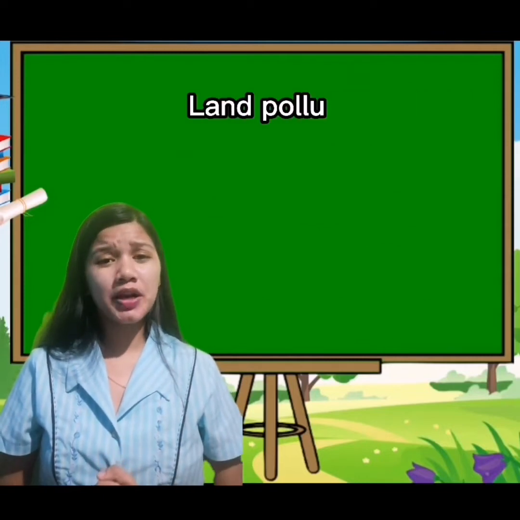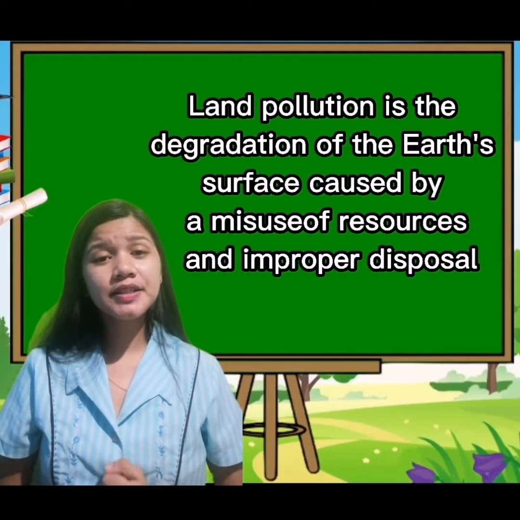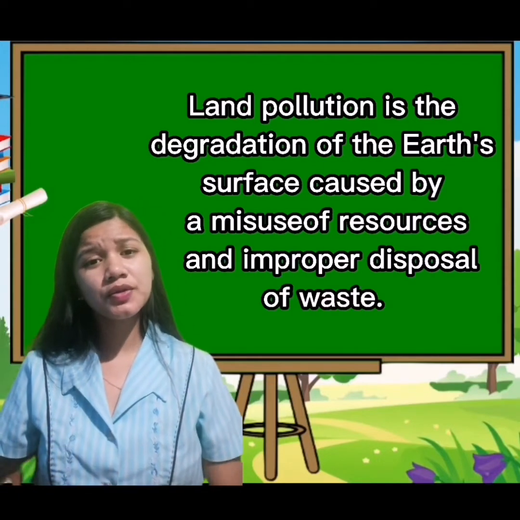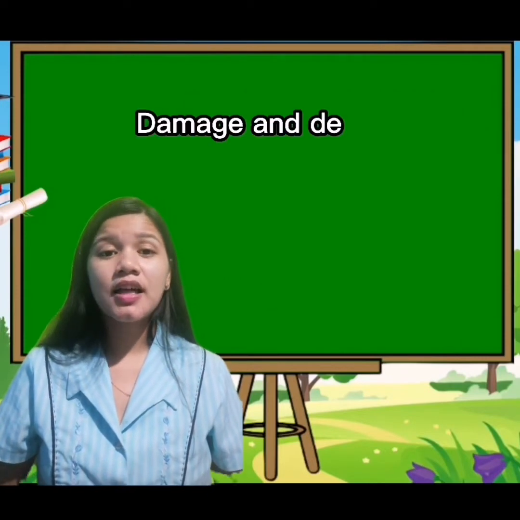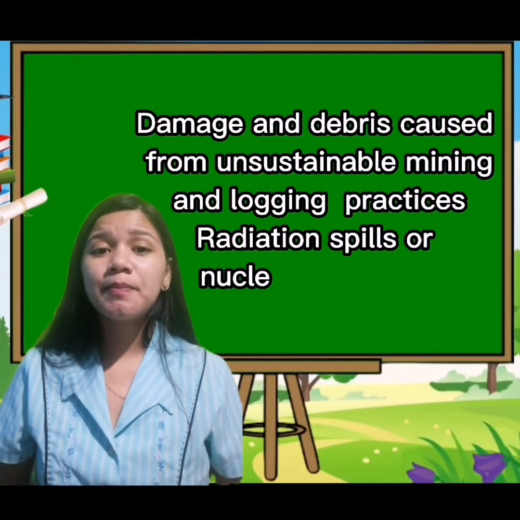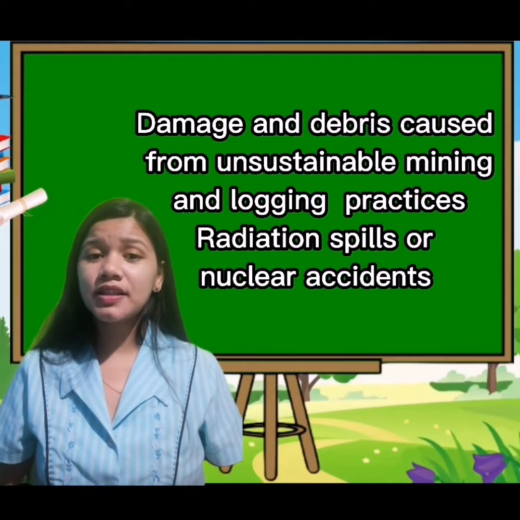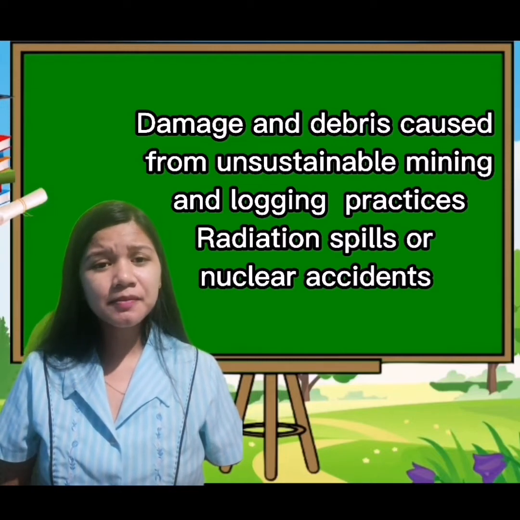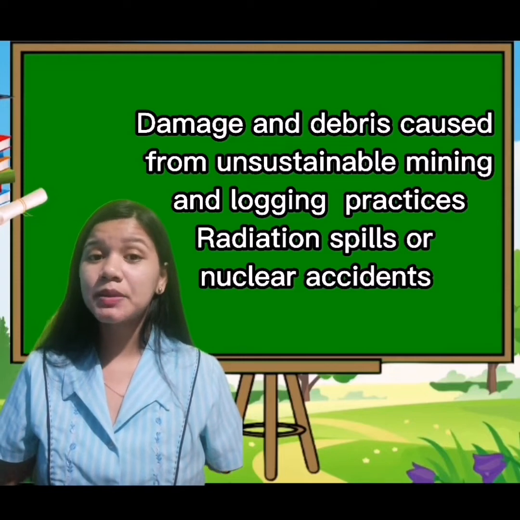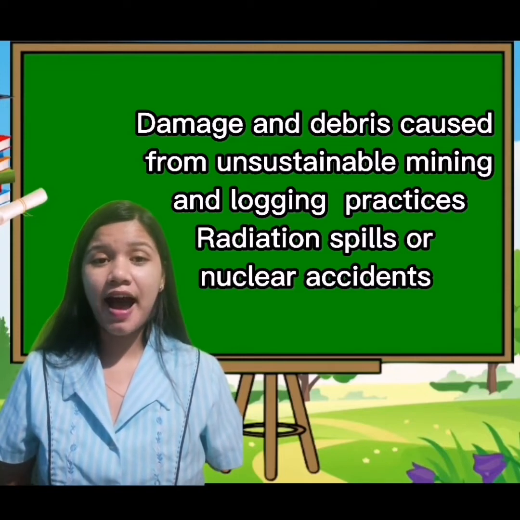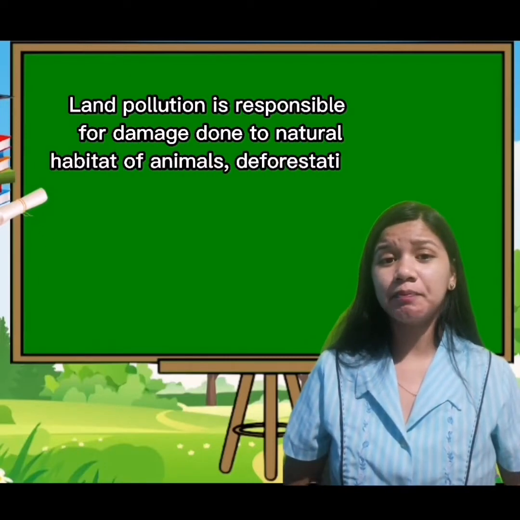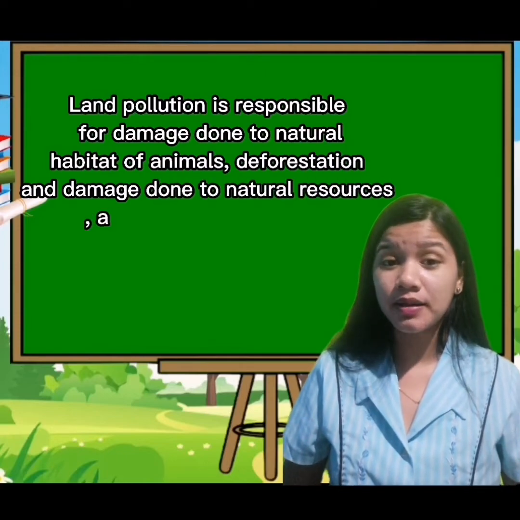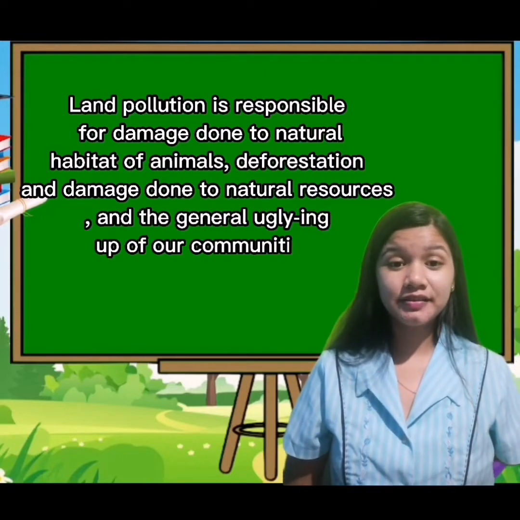Land pollution is a degradation of Earth's surface caused by misuse of resources and improper disposal of waste, damage caused by the unsustainable mining and logging practices, radiation spills, or nuclear accidents. Land pollution is also responsible for damage done to natural habitat of animals and deforestation.